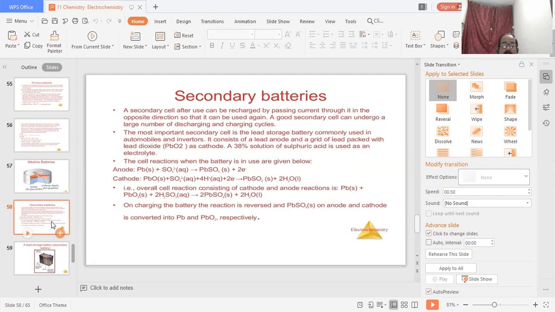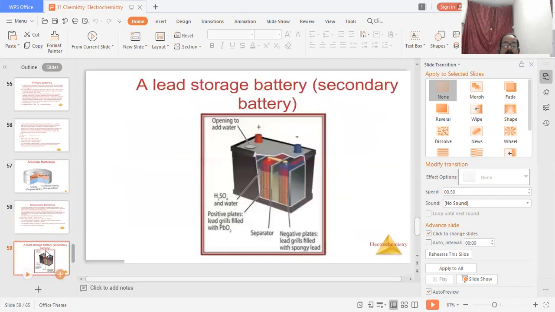The overall cell reaction, consisting of the cathode and anode reactions, is Pb(s) plus PbO2(s) plus sulfuric acid aqueous giving lead sulfate solid and water liquid. On charging the battery, the reaction is reversed, and lead sulfate on the anode and cathode is converted into lead and lead oxide. A lead storage battery, just see here, is a secondary battery.